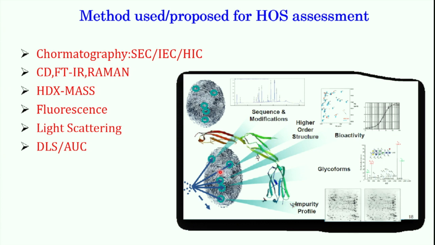Then one can use low resolution structural techniques which tell you about secondary and tertiary structure, like circular dichroism, FTIR or Raman. For HOS, one can use HDX, fluorescence. Light scattering gives you an idea about the globular size of a protein, and then DLS, dynamic light scattering, or analytical ultracentrifugation, gives the profile of higher molecular weight species or degraded products if there are any in the biologic drug.